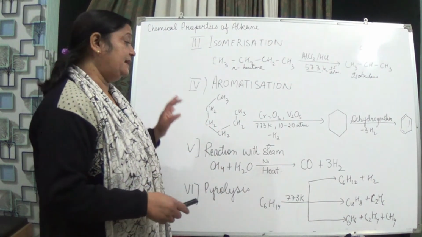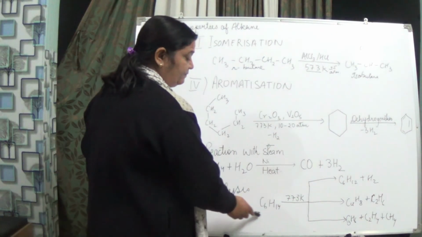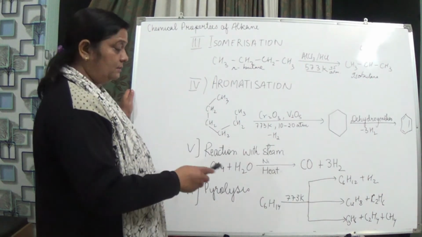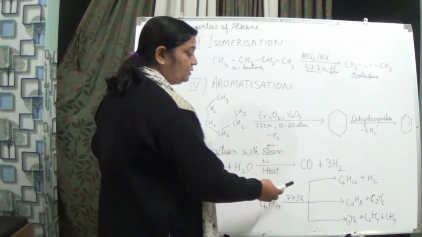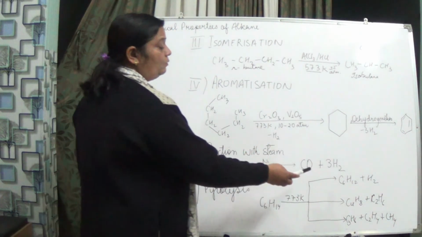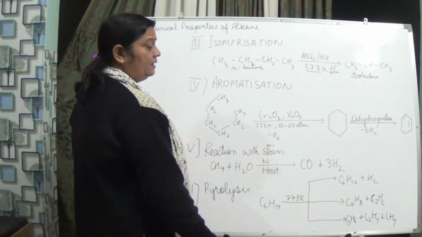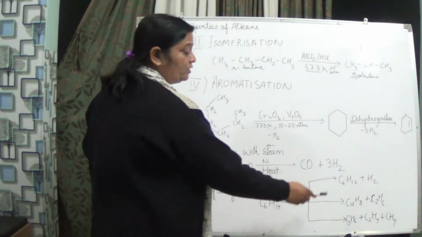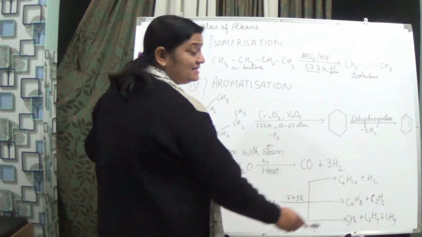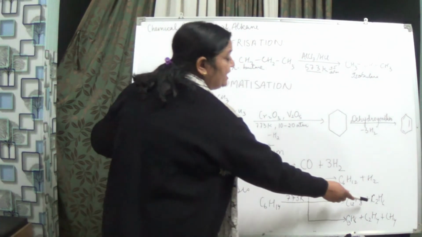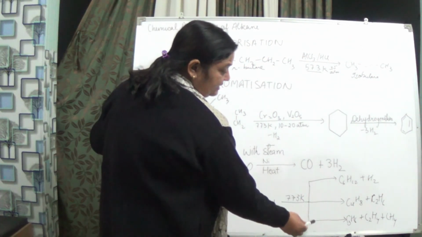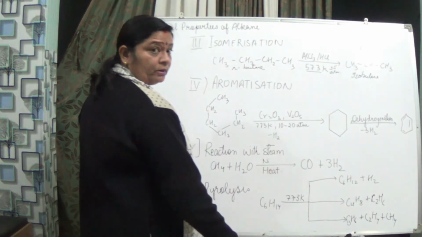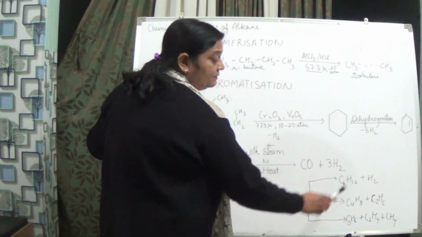Like C6H14, this is normal hexane, at 773 Kelvin we get C6H12, that is hexene, and hydrogen, as well as C4H8, this is butene, plus C2H6, this is ethane. We also get C3H6, that is propene, C2H4, that is ethene, and methane.